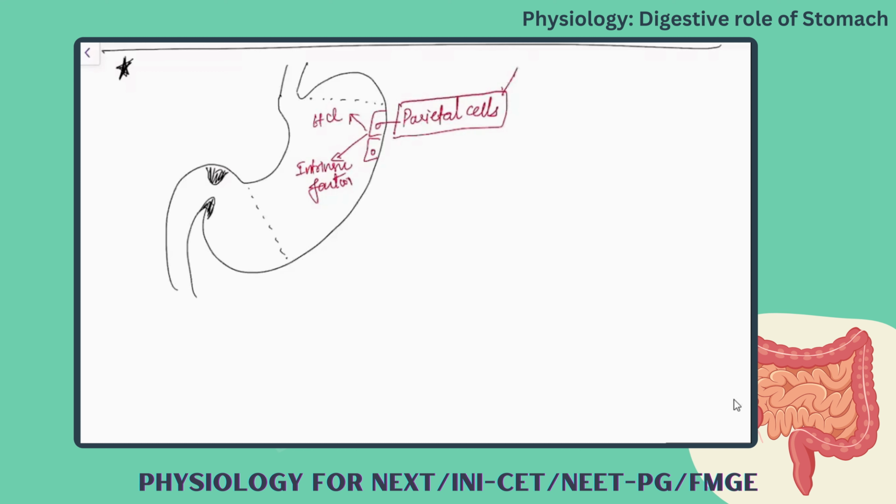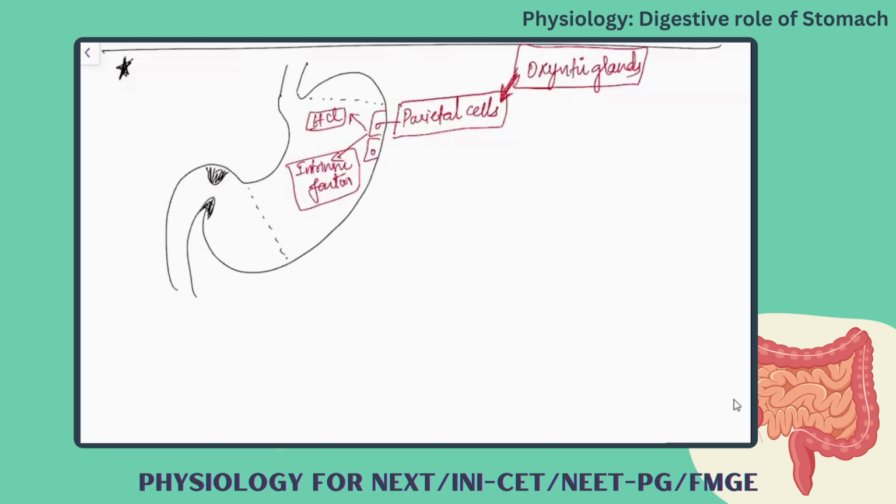It comes under the oxyntic glands. Just remember this, we have so many glands in the stomach, involved in exocrine function. Among them, under the oxyntic glands you have the parietal cells, which give the secretion of HCl and intrinsic factor.